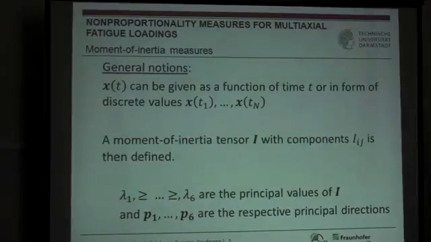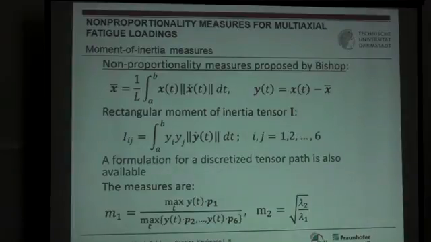Okay, so now we can look at the particular measures. The first one is proposed by Bishop. First of all, he computes the mean value of the stress path and subtracts it from the path.